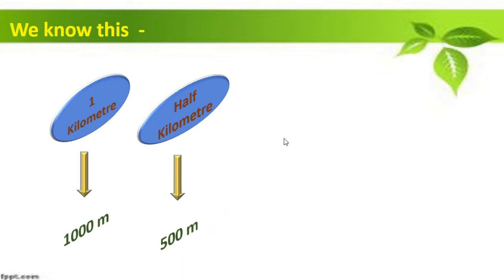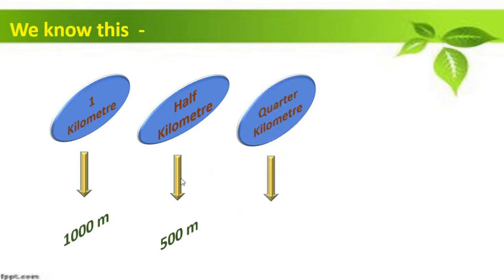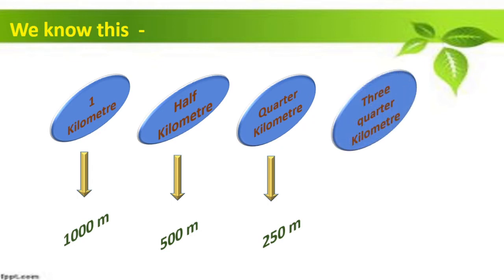Isn't it? Okay, the next one is quarter kilometer. Quarter is nothing but half of half kilometer. Half of 500 is 250 meter. Right? The last one is 3/4 kilometer.